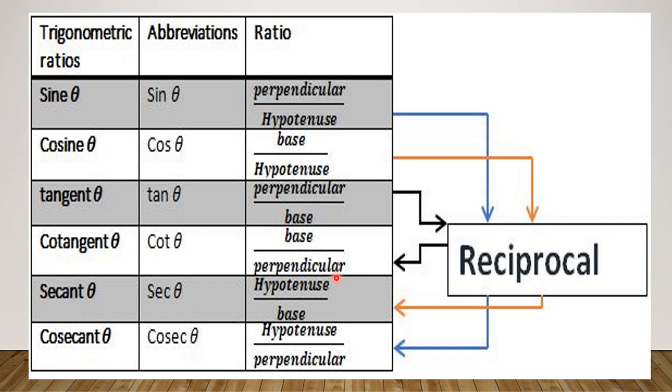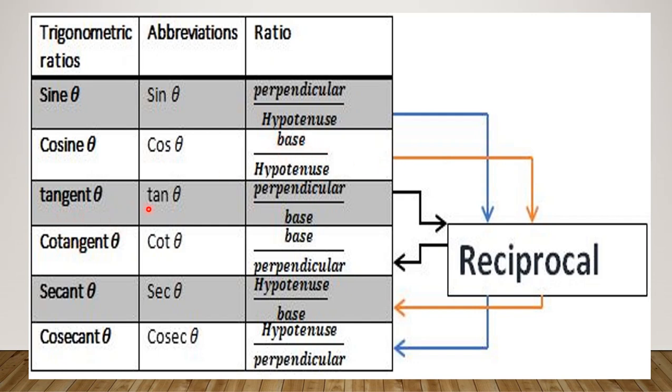So first is sine theta, that is the perpendicular upon hypotenuse. Cosine theta, or cos theta, is the base upon hypotenuse. Now the base is known as the adjacent side. When we are taking the right angle triangle, we know it as hypotenuse, base and perpendicular. So the side adjacent to theta is the base, and we replace the word adjacent side with base.